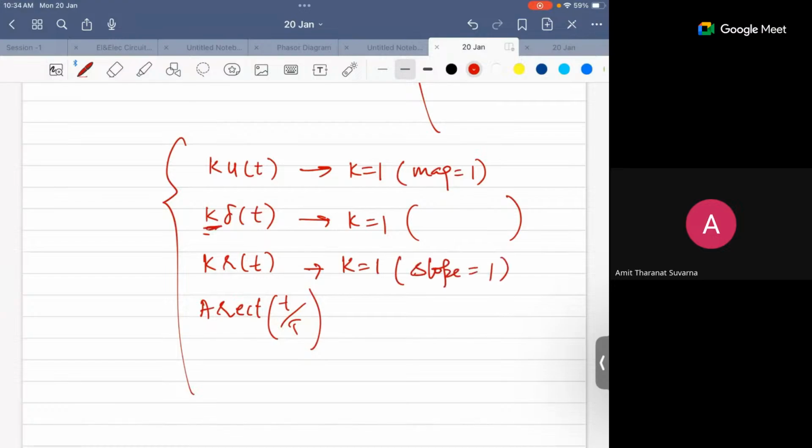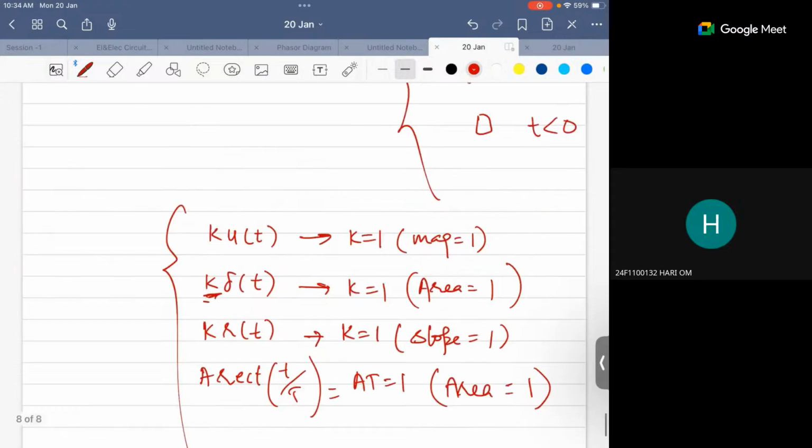For a delta function, if k is 1, that means the area of the delta function is 1, right? And here also if tau equals 1, then you call it a unit rect function. So here the area should be equal to 1. Is it clear to everyone? Yes, sir.